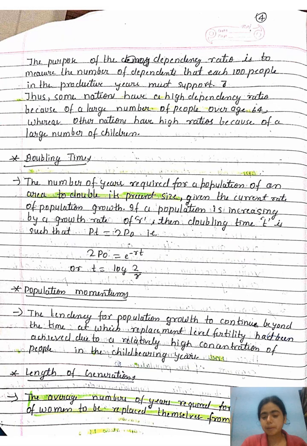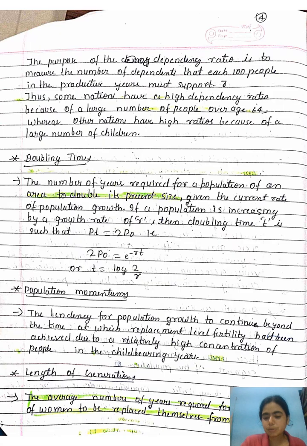For that it is very important to have knowledge about the dependency ratio. And dependent population is like a burden kind of thing. Only independent population helps in national progress.